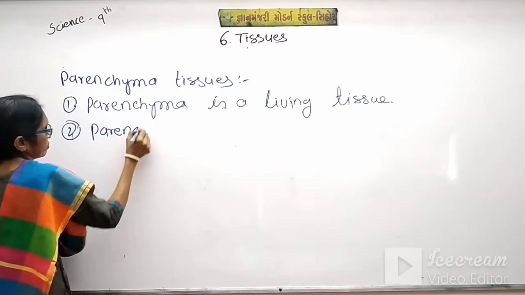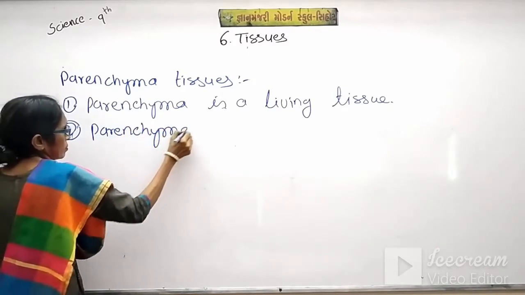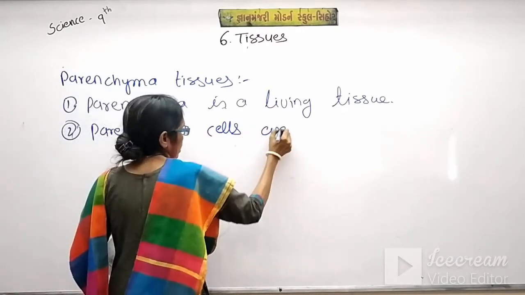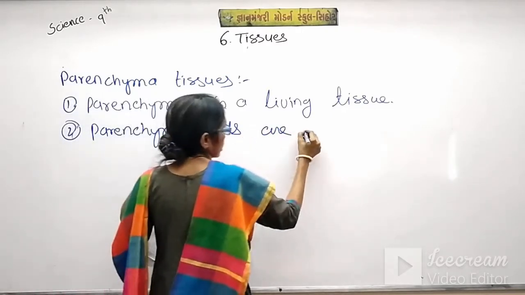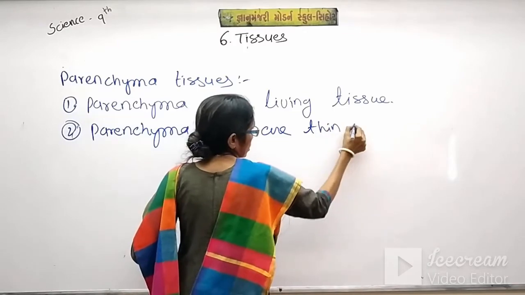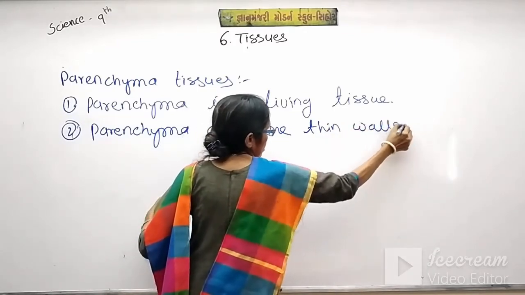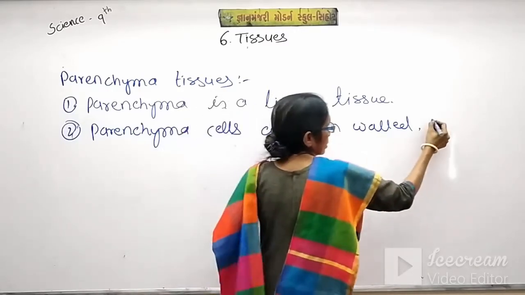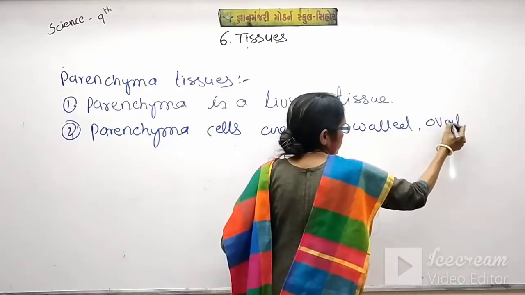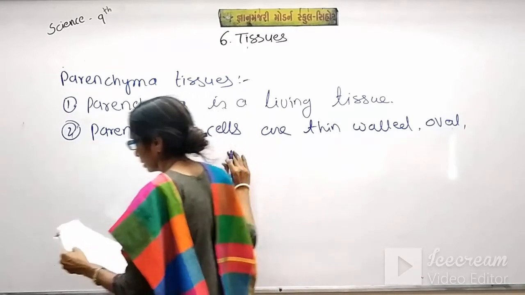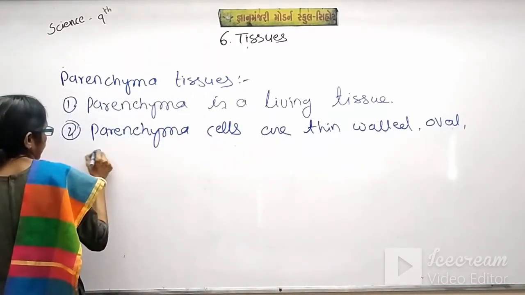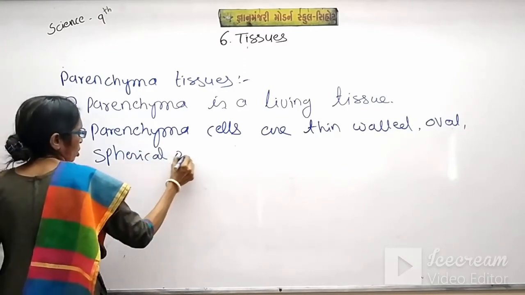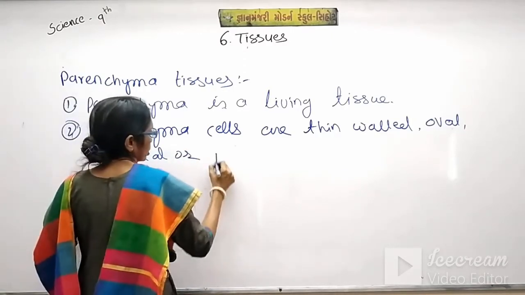Number 2, parenchyma cells are thin walled, oval in shape, spherical means round in shape, or polygonal in shape.